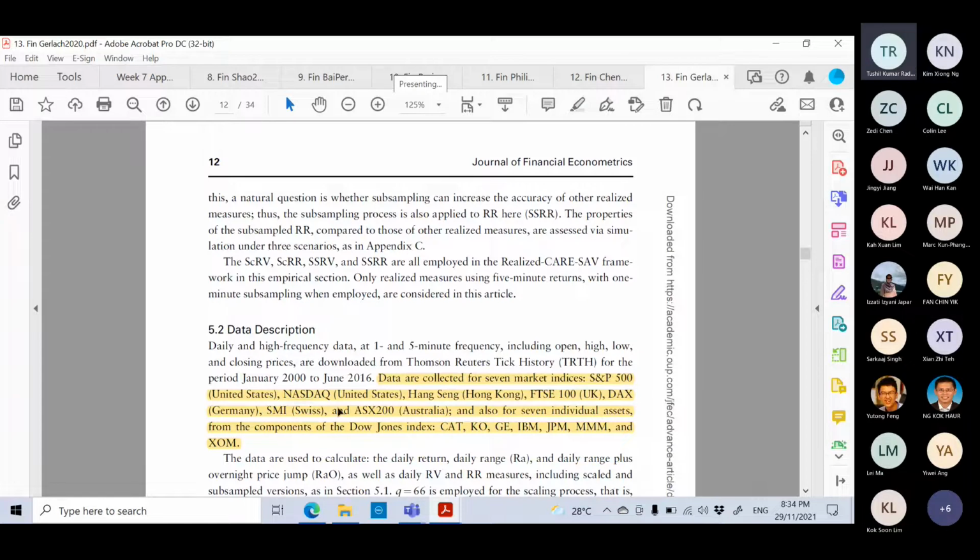Here are the popular market indexes, and also another 7 individual assets. So it's from the Dow Jones Index. These are the 7 indexes. Just now I said it's 7 or 14, because there are 7 indexes here and another 7 for the individual assets. So altogether they consider 14 indexes here.